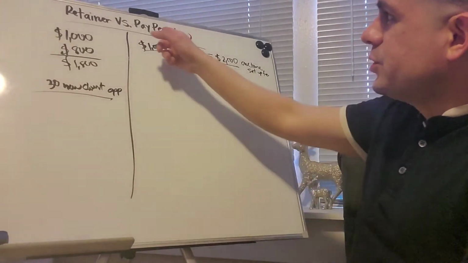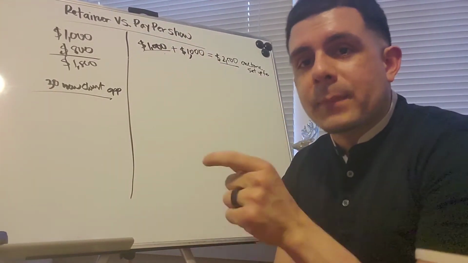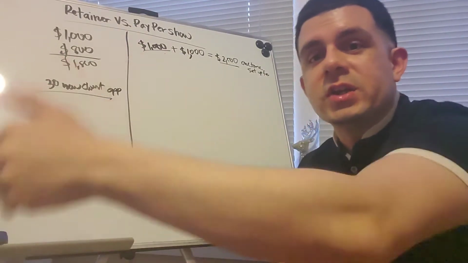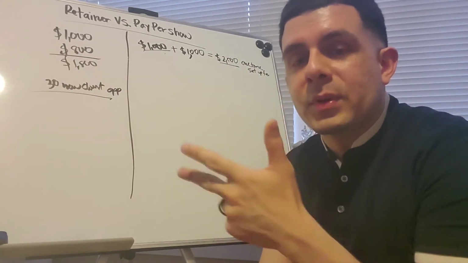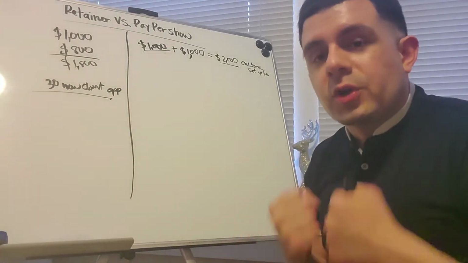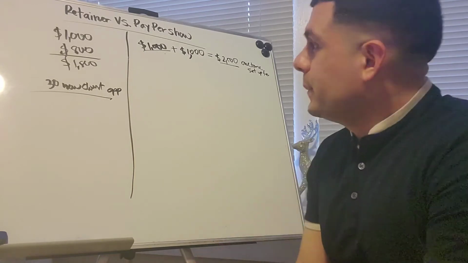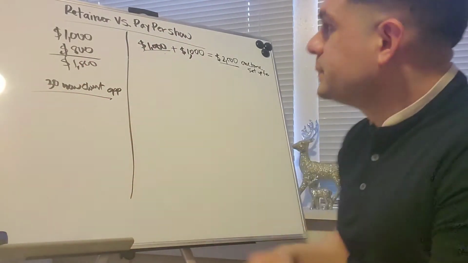Now, since you're relying on the pay per show model, you only get compensated based on the appointments that you generate for your clients. Whether these are Zoom calls, phone meetings, or in-person meetings, you're relying your income on the amount of appointments that you're able to generate for your client.